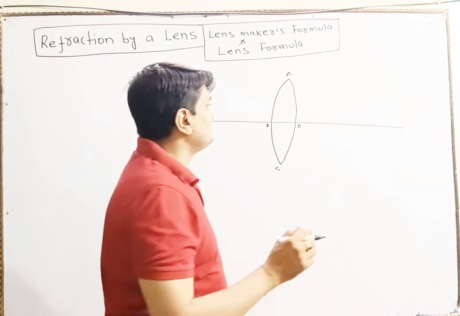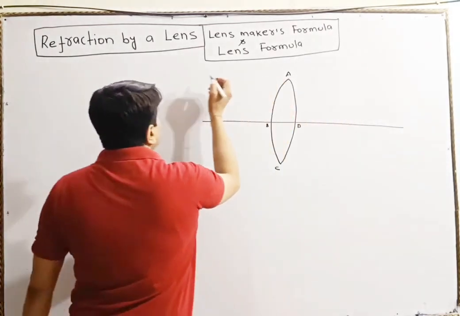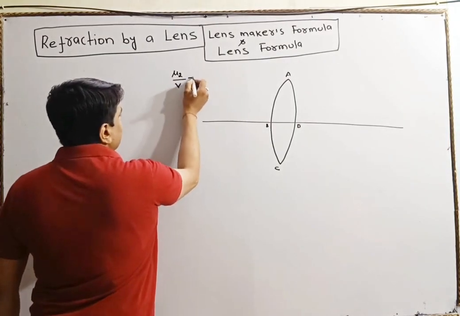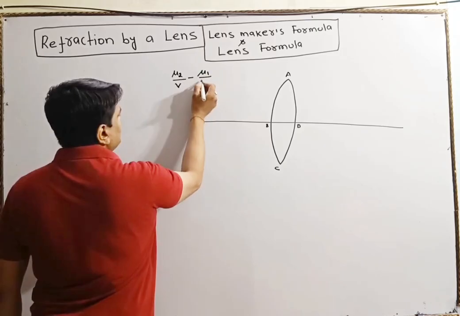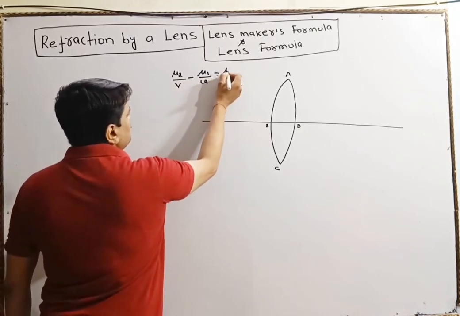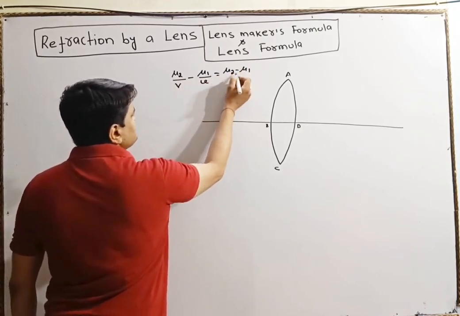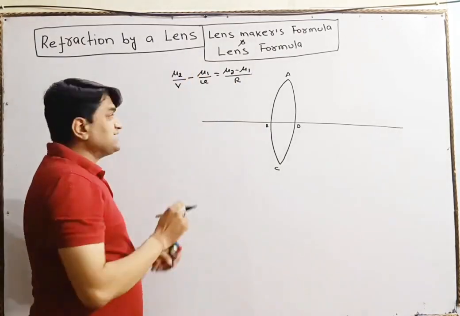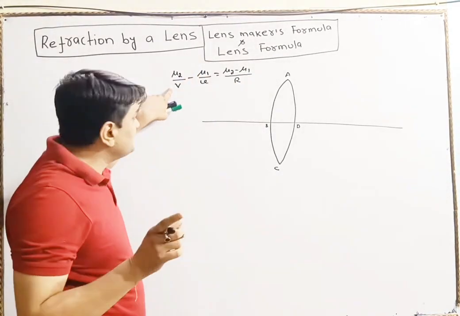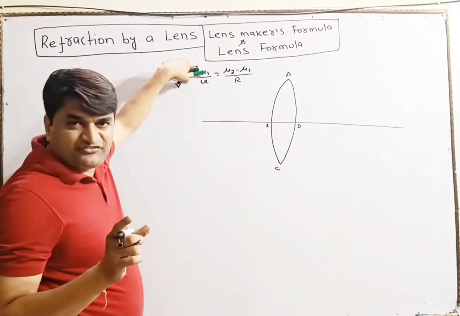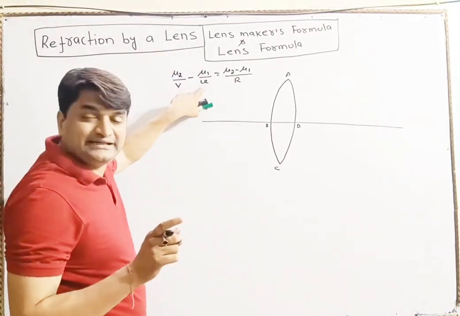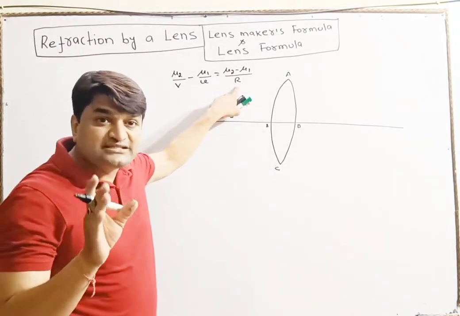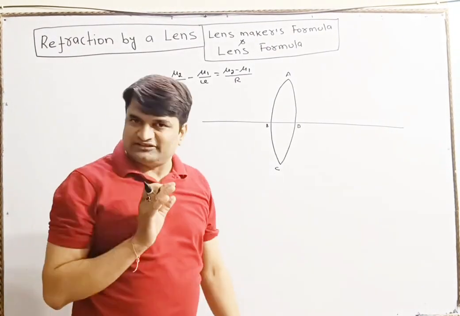refraction from a spherical surface, we have already derived a formula: mu2 upon V minus mu1 upon U equal to mu2 minus mu1 upon R. Mu2 is the refractive index of the medium in which the image is formed, mu1 is the refractive index of the medium in which the object is placed, and R is the radius of curvature of the spherical surface.